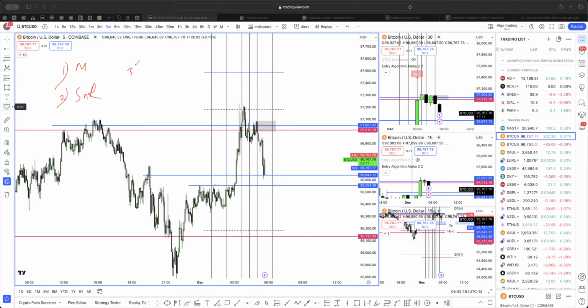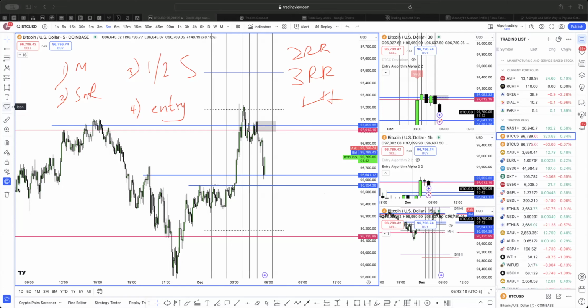Third process is primary or secondary sequence. What's the fourth process? Once you know if it's a primary or secondary sequence, you know exactly how you can enter. So that's entry. And just like that, you have an insanely profitable trading system that will give you 1RR, 2RR, plus, plus, plus. It is as simple as that.